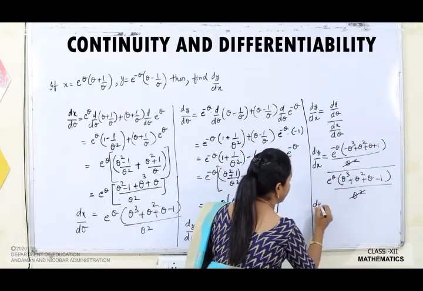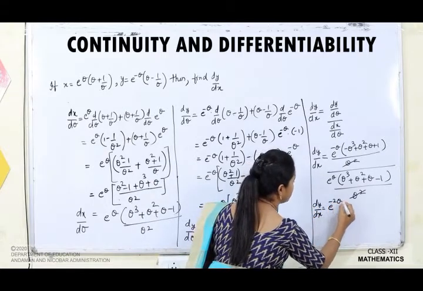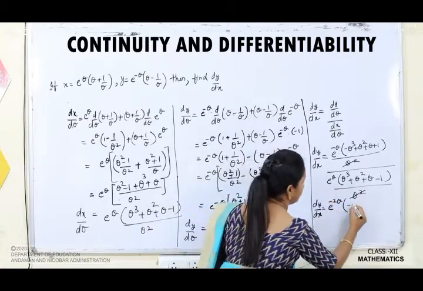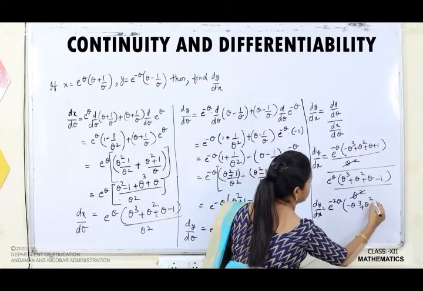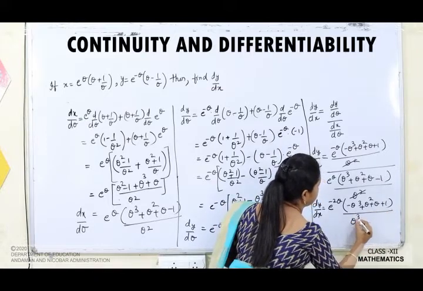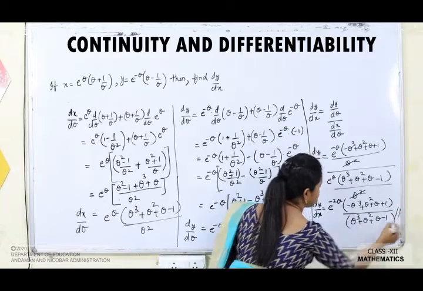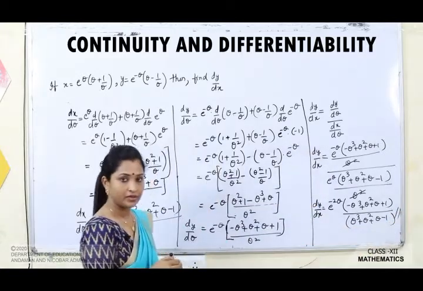So dy by dx can be written as e power minus 2 theta into minus theta cube plus theta square plus theta plus 1, the whole divided by theta cube plus theta square plus theta minus 1. So this is your final answer, correct.